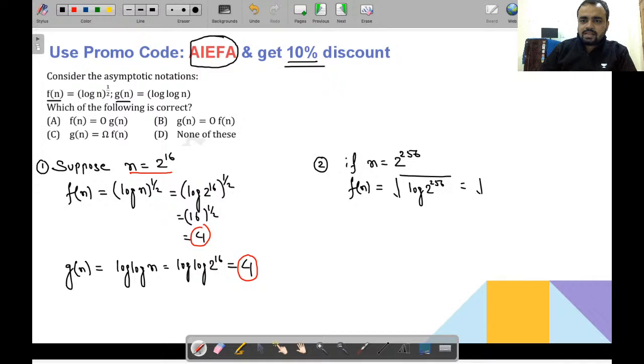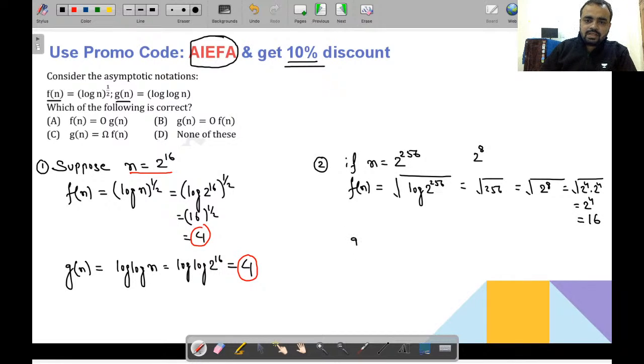So this implies, what is the meaning of 256? This is nothing but 2 to the power 8. So here you can write 2 to the power 8, or you can write 2 to the power 4 into 2 to the power 4, and this one will become 16.